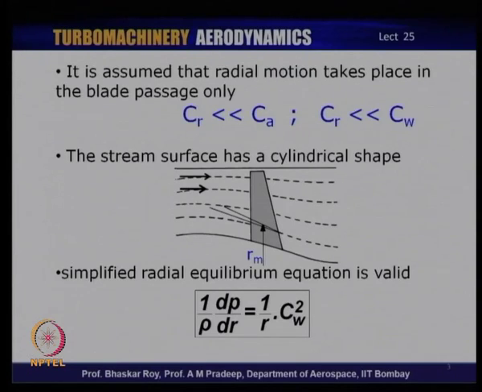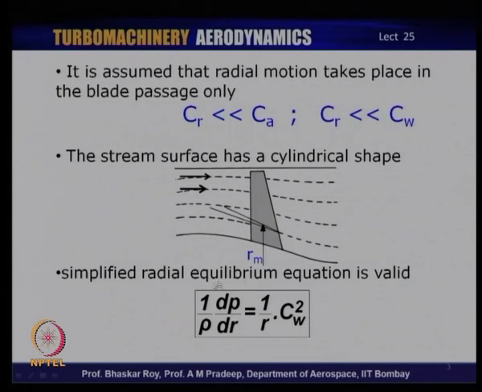What people would like to do is to ensure that this radial component is as small as possible, as is given out in the first assumption, and to do that one may probably invoke the simple radial equilibrium equation that we have done in the case of axial flow compressors.